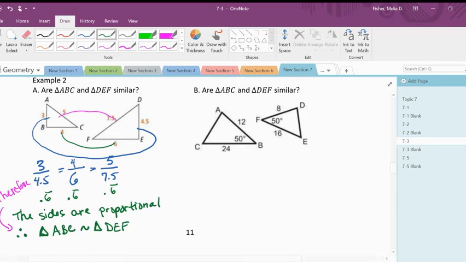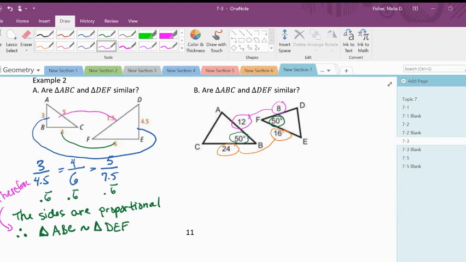Let's look at B. Are triangles ABC and DEF similar? Well, we know that this angle and this angle are congruent. Therefore, we need to see if the sides are proportional. So I'm going to compare this 8 and the 12 to the 16 and the 24.